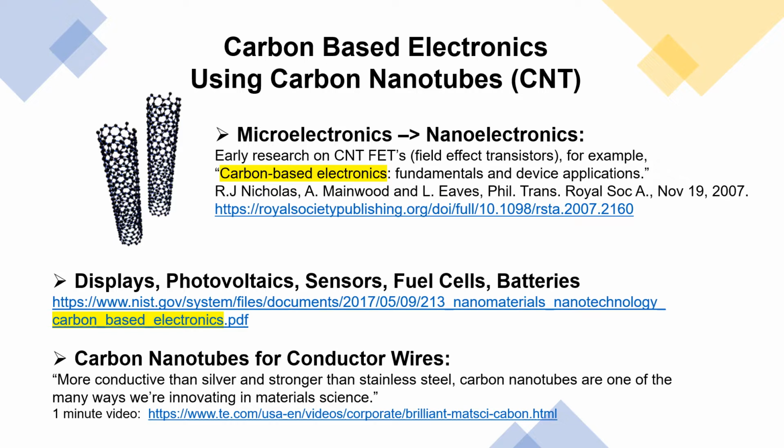In the middle, we have examples, all kinds of other electronic devices made, displays, PV cells, sensors, fuel cells, batteries, not necessarily circuit board based, but still electronic in nature. And of course, carbon nanotubes, as being a great conductor, can make good wires. More conductive than silver, stronger than stainless steel, carbon nanotubes are one of the many ways we're innovating material science.